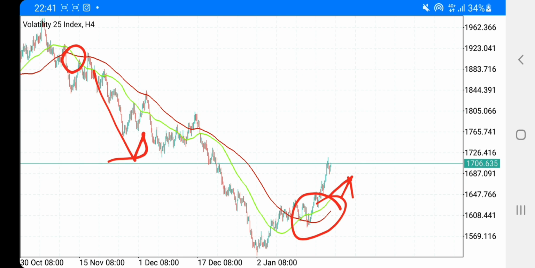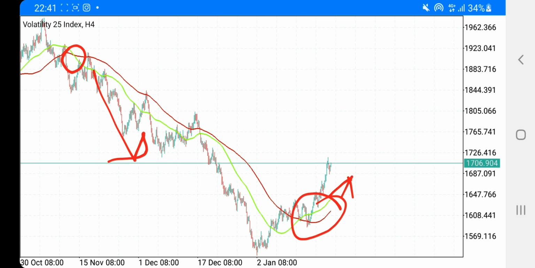So once you see this, always expect to start buying or rather selling. So this is one of the ways they use to predict how the market is flowing. So with that being said, that's the first way, that is known as the moving average crossover.